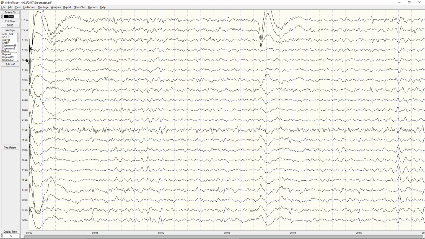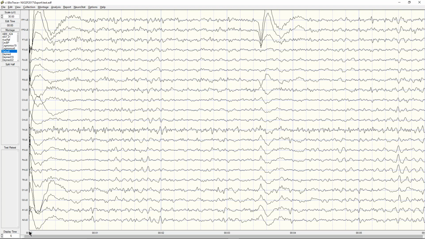I'm going to begin by, in the default mode, I can see everything, including the ear references, but I'm going to probably switch to a different montage. So let me orient you to this screen. Here's the scale at the top here in the left-hand column. That's the scale of this recording.